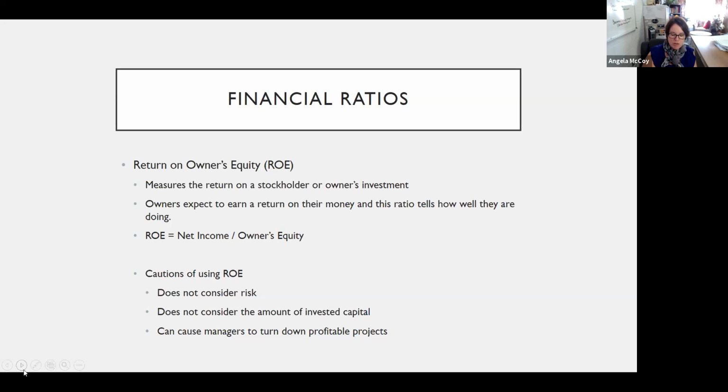Now you have the opportunity to invest in a large, low-risk project with an estimated ROE of 35%, which is well above the 10% threshold that the firm has set for its capital. Even though this project is extremely profitable, you might be reluctant to undertake it because it would reduce your own division's ROE and therefore reduce your own end-of-year bonus. Those are just some potential things to think about when you look at ROE.